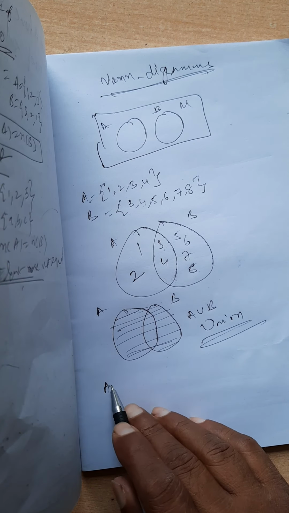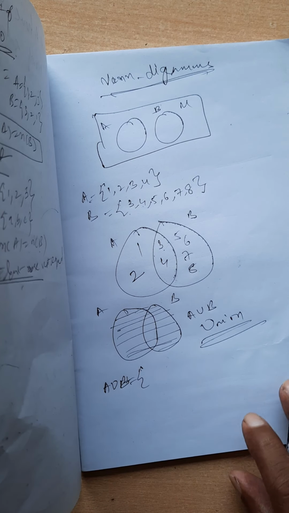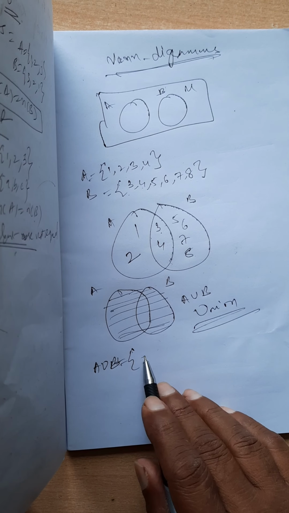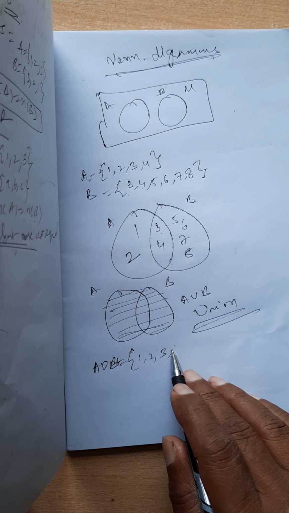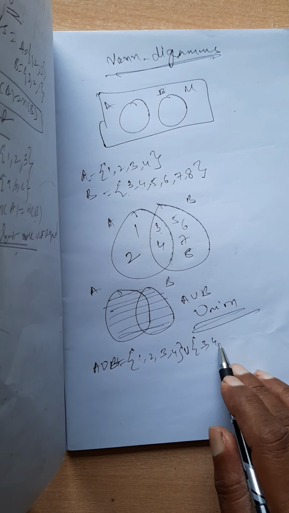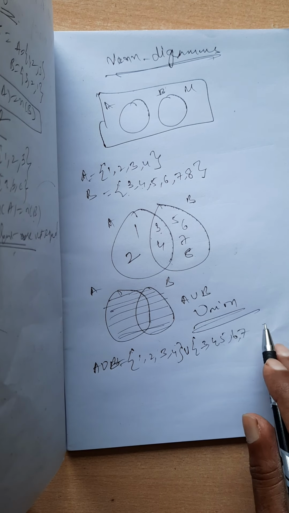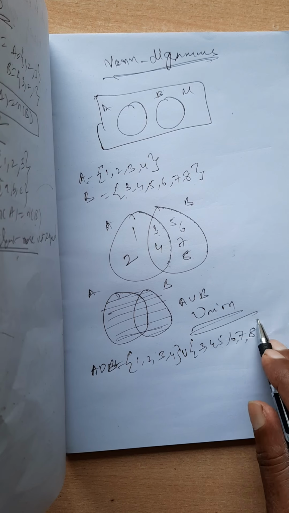In set form, A union B is set A elements 1, 2, 3, 4 union set B elements 3, 4, 5, 6, 7, 8.